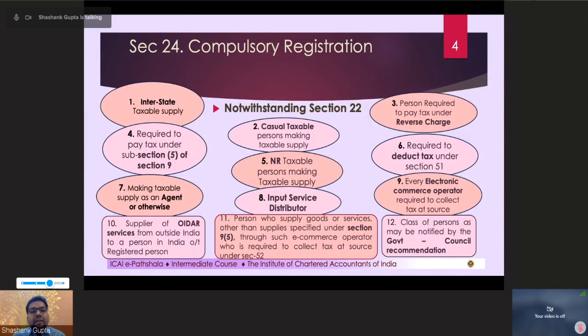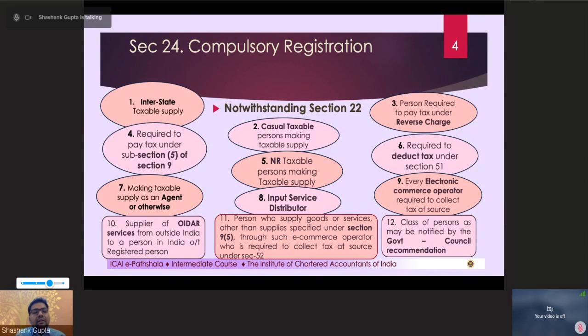That is, he cannot say that, okay, my turnover is only 1.5 lakh. I have only taken registration because it is compulsory, but I will not charge any tax till I achieve 20 lakh turnover or 40 lakh turnover. That is my threshold limit. No. Once you have obtained registration, you are liable to pay the applicable tax.